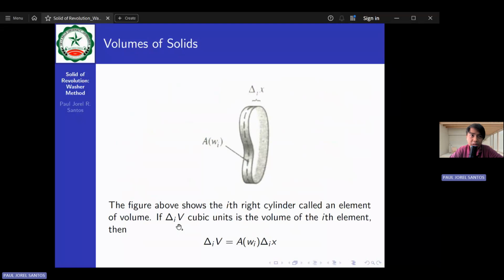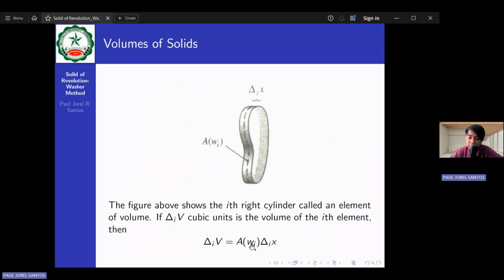Let us say that the volume of this element is represented by delta sub i V. Using the formula from earlier, V is equal to A times H, the area of the plane region multiplied by the height.